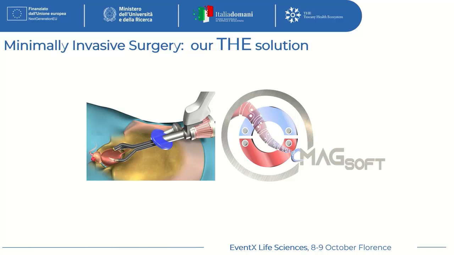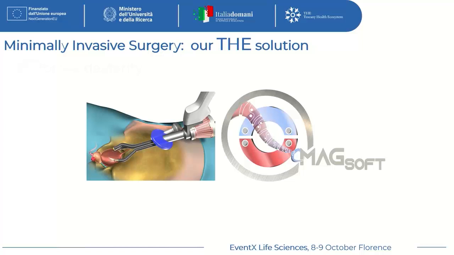Okay, in this framework of trying to increase the dexterity, to introduce in the human body more degrees of freedom, and to avoid wires or cables, we are also developing our dream platform in the project THE for WP1. The platform is called MagSoft.